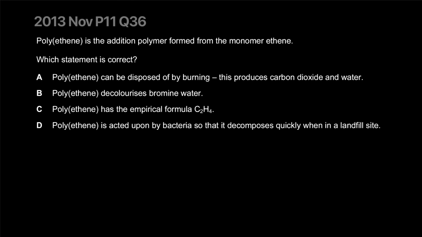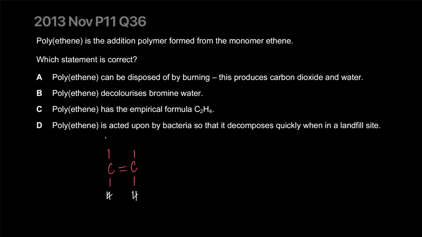Polyethene, note how they've written it down, they want you to focus on the ethene part, is the addition polymer formed from monomer ethene. Which statement is correct? Polyethene can be disposed by burning. This produces carbon dioxide and water. Well, it is a hydrocarbon, so it should produce carbon dioxide and water. And it's polyethene. Ethene is a carbon-carbon double bond with hydrogens on it.